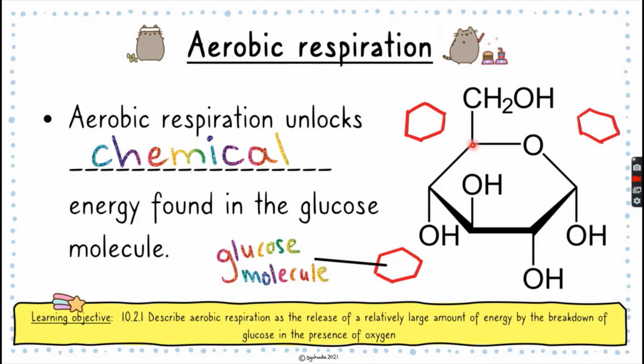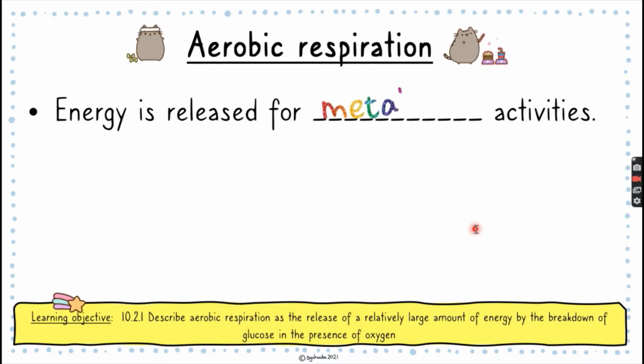You can see over here that there are a lot of bonds here, and it's not just here, but also in between over here and over here. There are also bonds there. So the glucose molecule contains a lot of chemical energy that is stored between the bonds, and during aerobic respiration, we actually break those bonds and release energy from the glucose molecule.